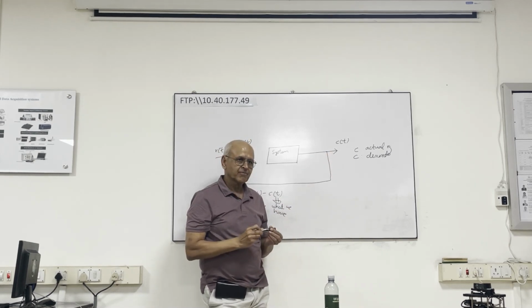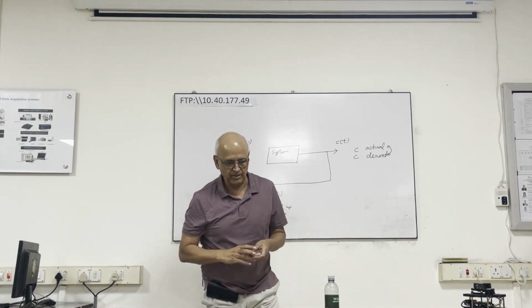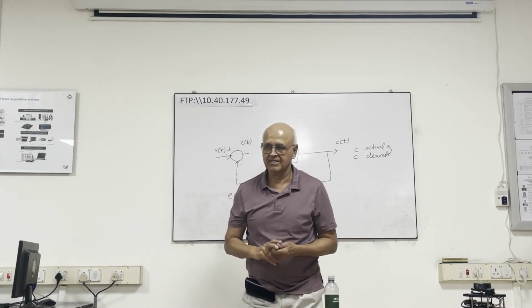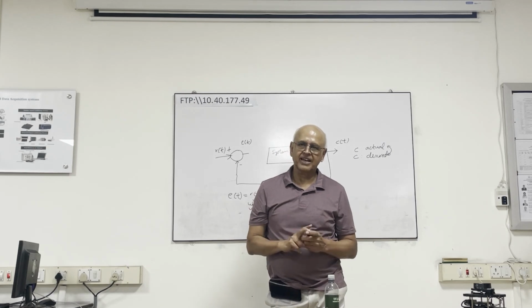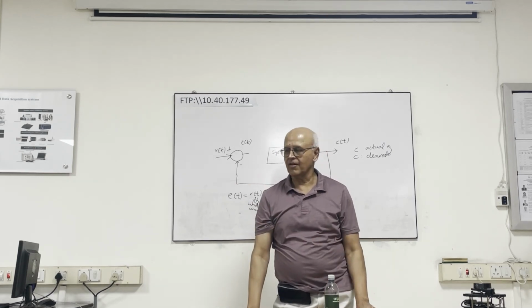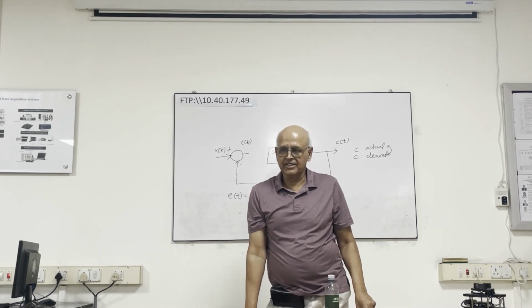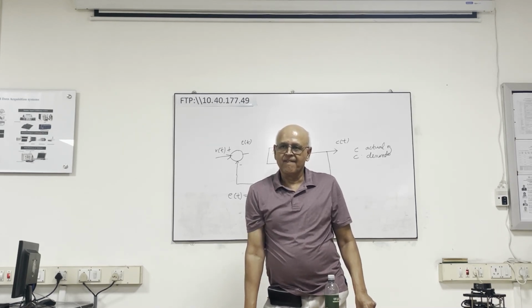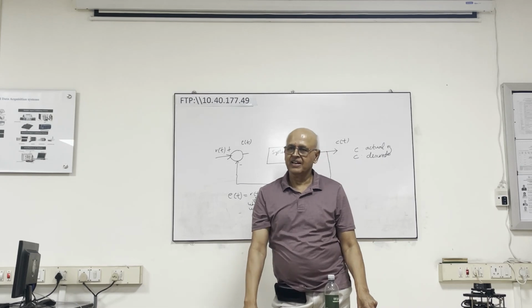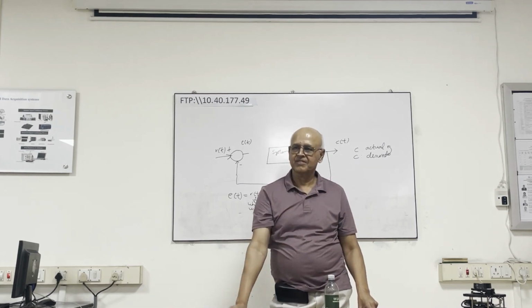How is that? Let us take an air conditioner. Suppose I say I need to reach a target temperature of, let's say, 24 degrees centigrade, right? So I just turn on the AC and keep it on for 15 minutes and turn it off.